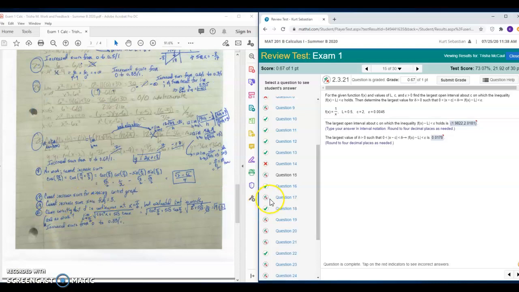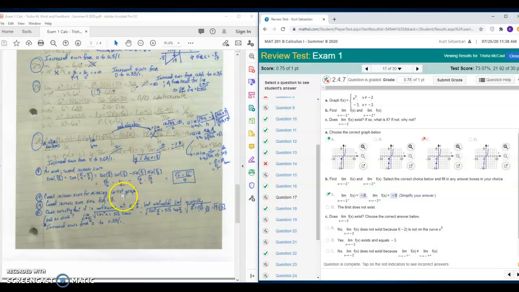Let's see, is there 16? So you have 17 here. So 16 was already correct, 17. Again, I couldn't increase because you were missing the graph, but let's look at this and see what happened here. Choosing the correct graph, that's all you missed. So what's the problem here? We have f of x is x cubed everywhere except x equals minus 2. So we know it has the right shape of x cubed. But at minus 2, if it was actually on x cubed, that would be negative 8, right?